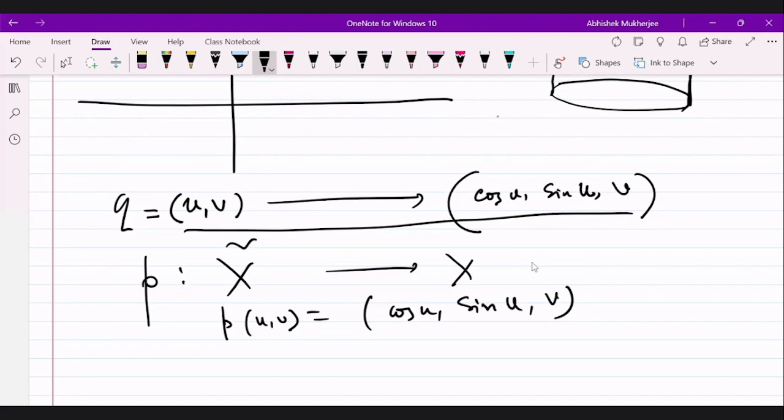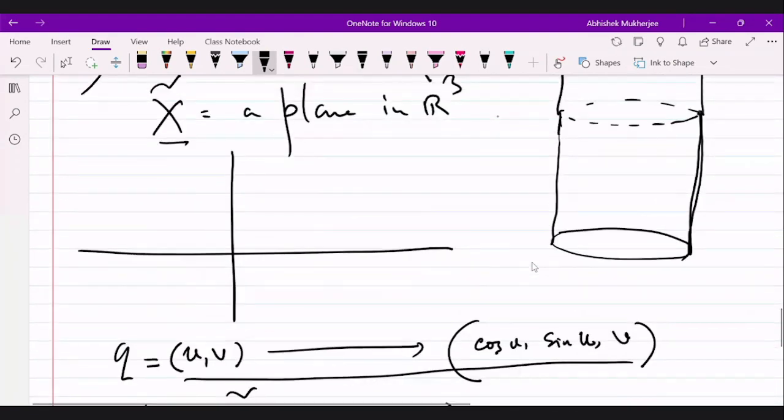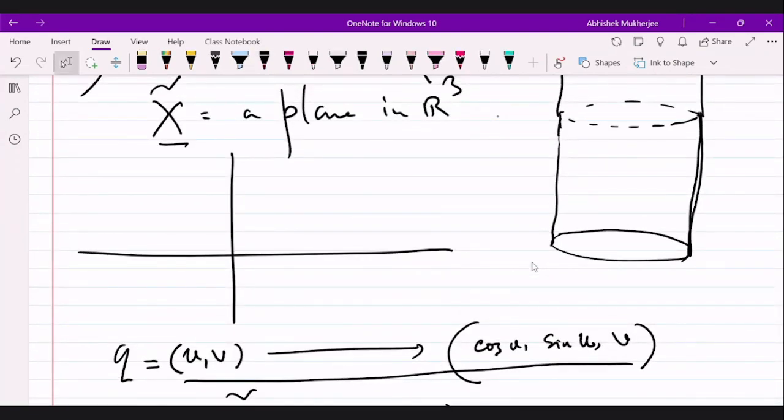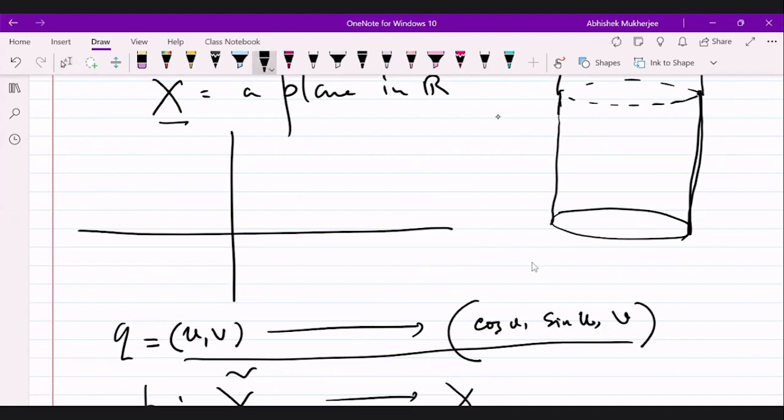Now what can be done? Now let us take a strip around this zero coordinate, from minus pi to pi. I'm just taking this strip.